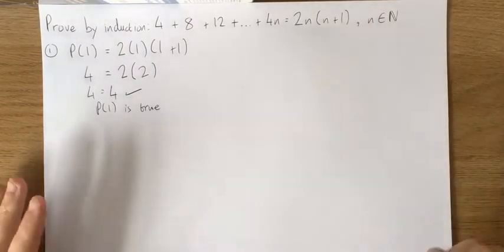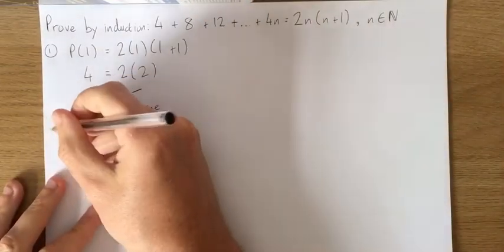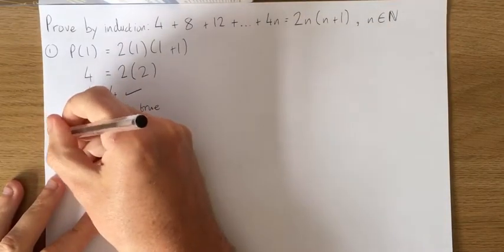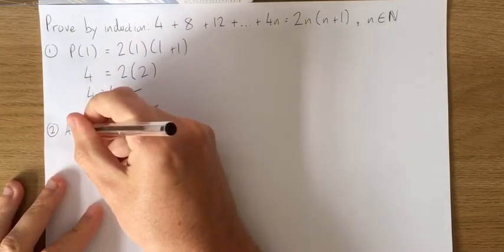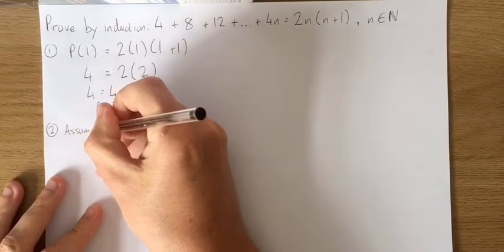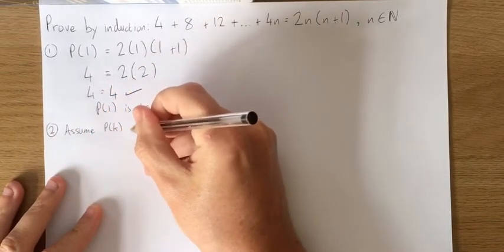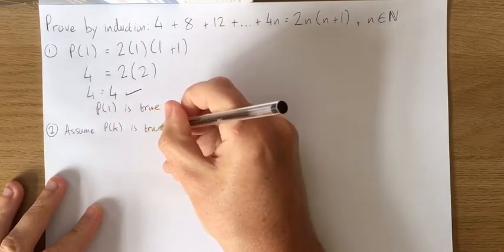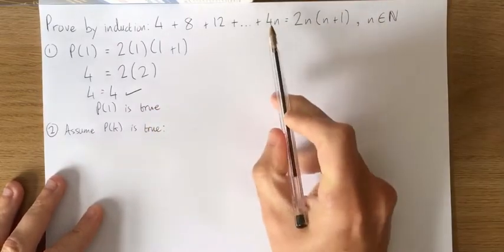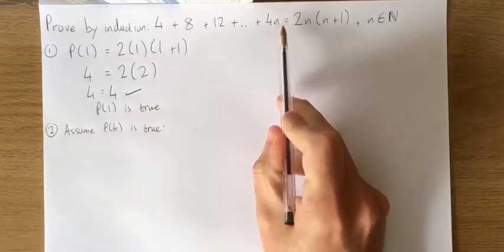All right, so that's first step done. Second step, as I said, is to assume Pk is true. So Pk is just subbing k in for n.